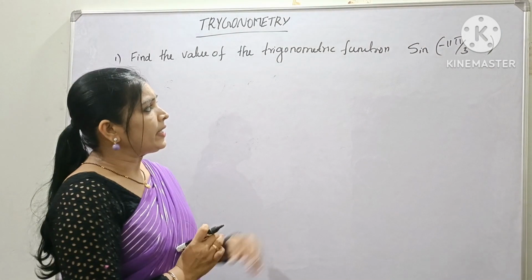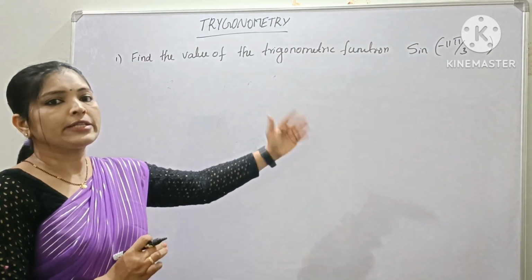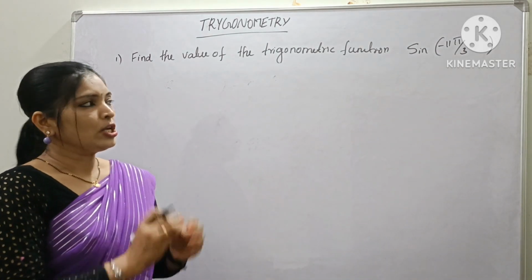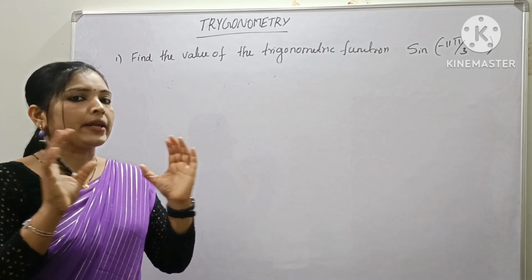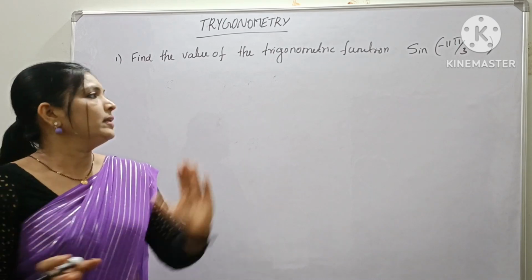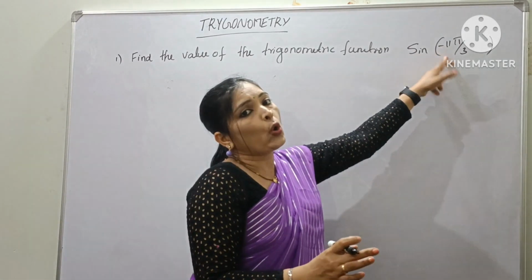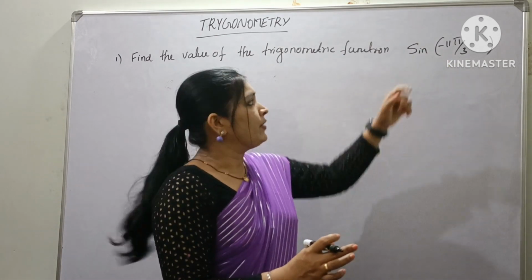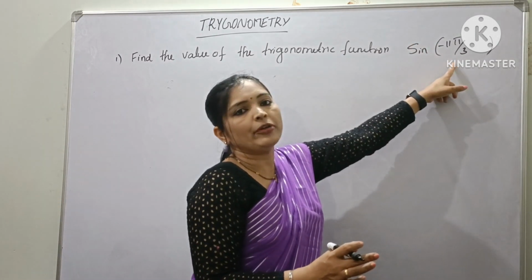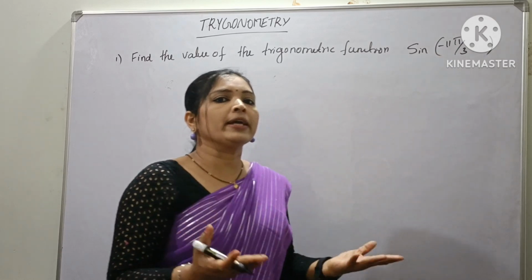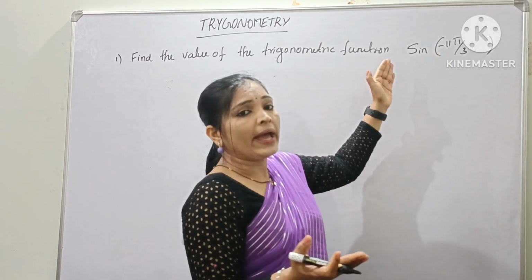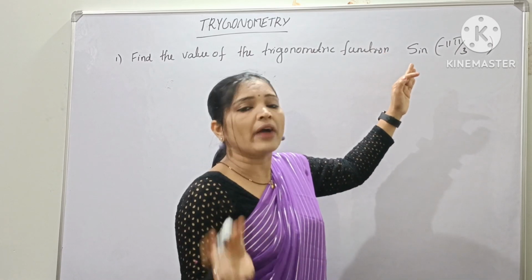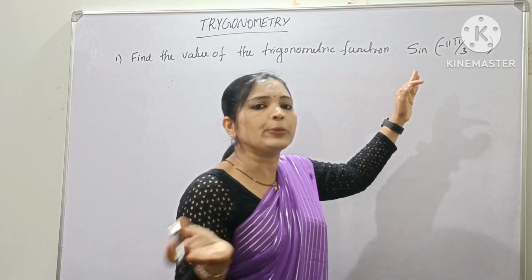See here, if it is 12 by 3, it will be 4, right? So we will find an angle in radian measure that is close to this one. If it is 12, it will be 4, then we will take 4 pi. And we know that the sine value is repeating after an interval of 2 pi or multiple of 2 pi.